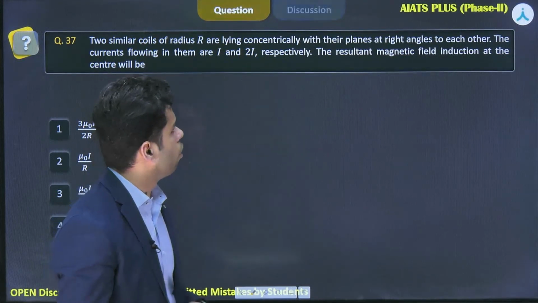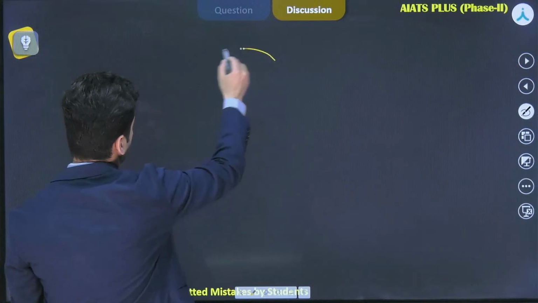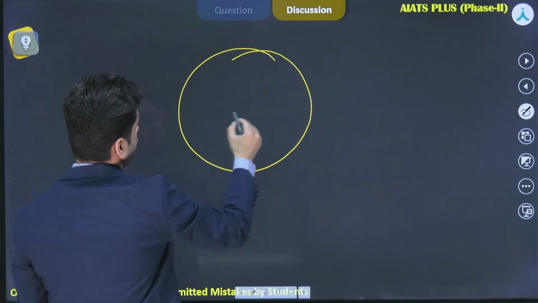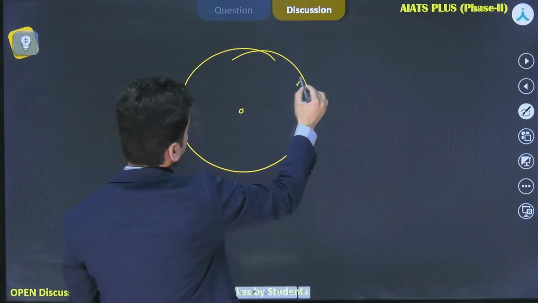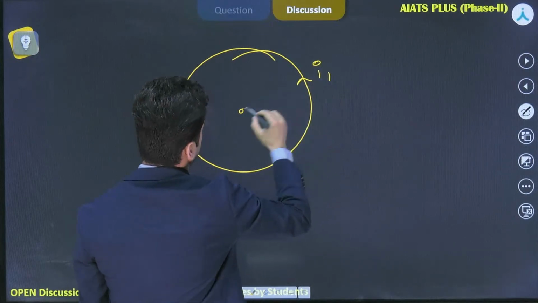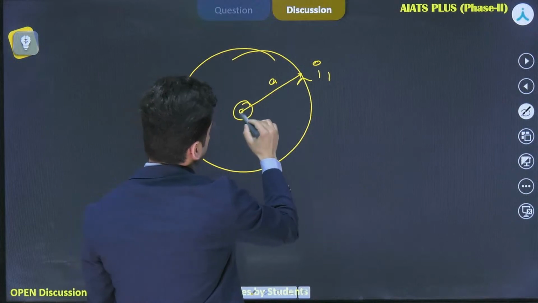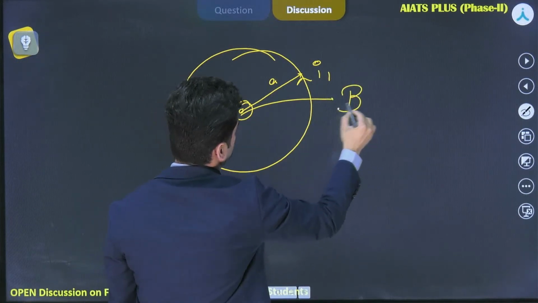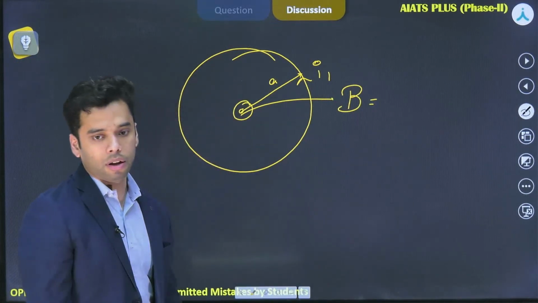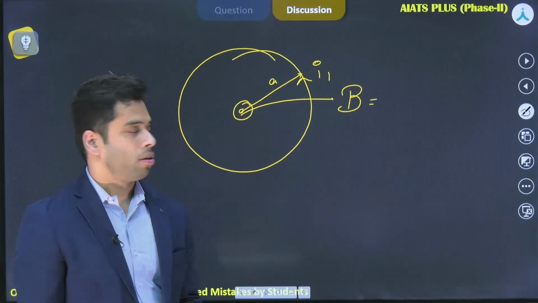So at center. Dear students, if you have a circular coil which is carrying current I1 in this direction and the radius is A, what is the expression for the magnetic field B at the center?